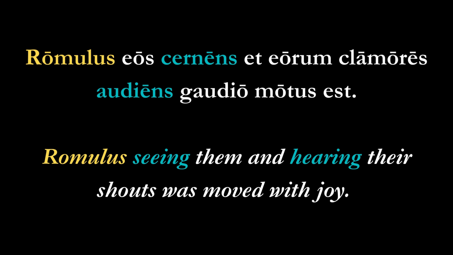The NS ending is being used because we dropped the RE off our infinitive and put NS because it's nominative singular. We're saying Romulus, seeing them and hearing their shouts, was moved with joy. Romulus is described as seeing and hearing. Those are the present participles.